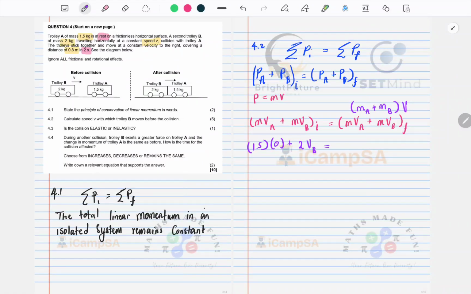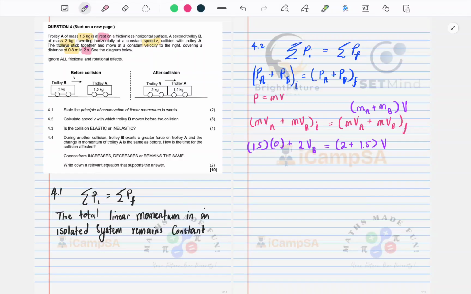This is going to be the final v of this system. That's why we are adding it like this. So that means we are going to have 2 kg plus 1.5 kg. Now this thing is moving at the same velocity v, but we don't know v. So now we should find out what is v.